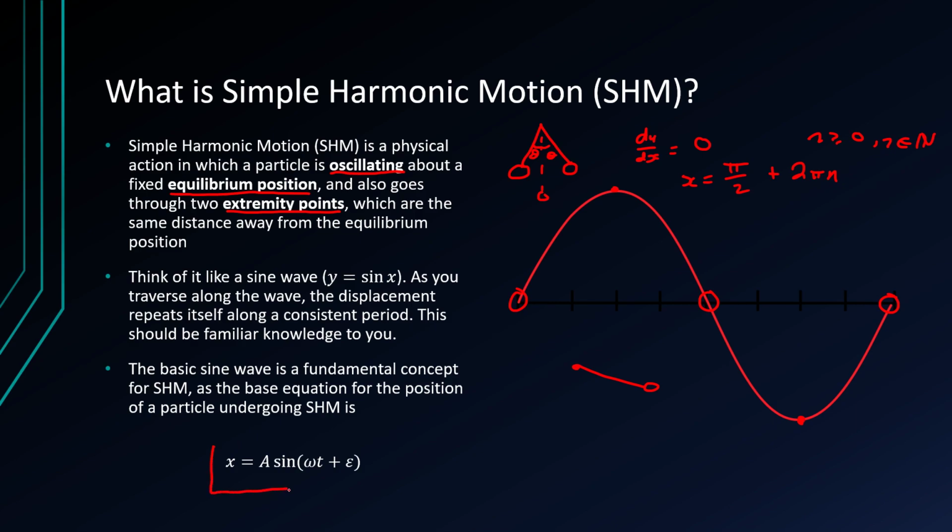And this is the equation that governs it: x equals A sine of omega t plus epsilon. You may see this epsilon written as alpha, so written as x equals A sine of omega t plus alpha. I tend to use epsilon because it doesn't really get used that much. Alpha tends to get used for angles and stuff.